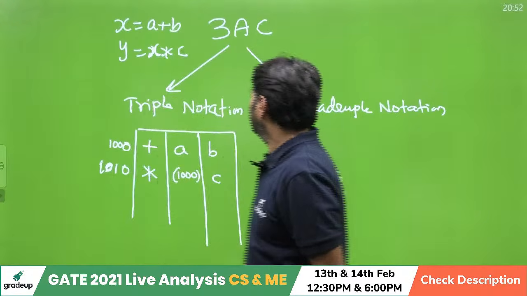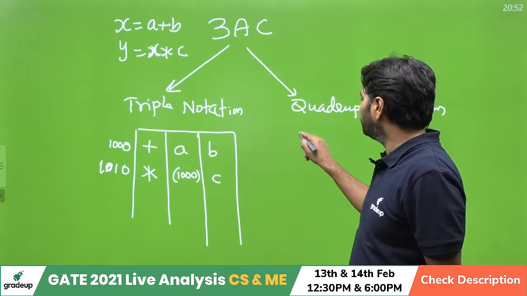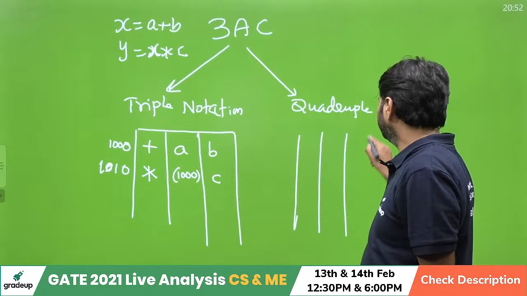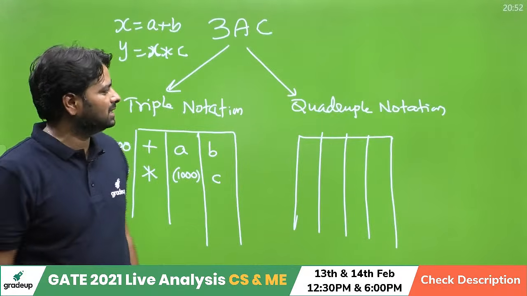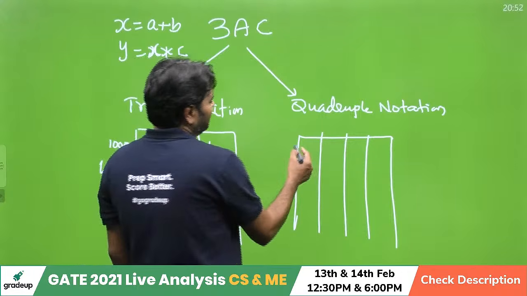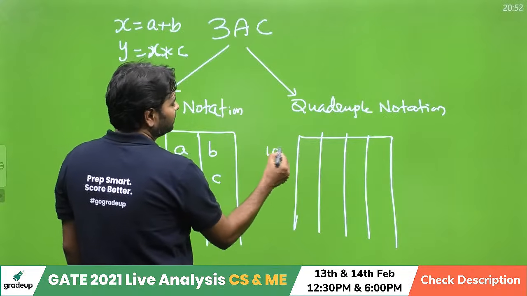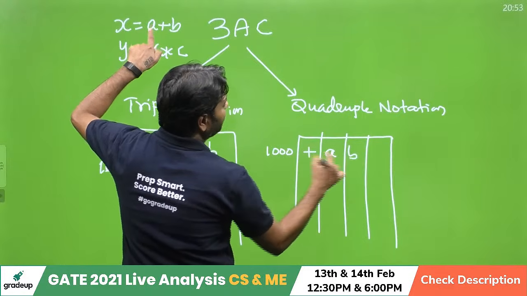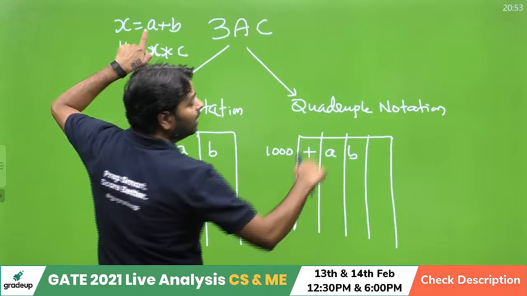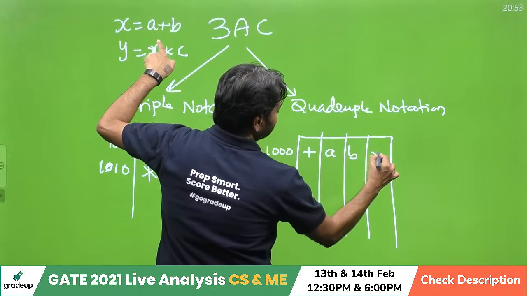Quadruple. What do you require? I'm not interested in teaching this at all, I'm teaching it just because you are asking. You have an address and you represent plus, a, b as left operand and right operand if it is binary, and then the result. The result is in x.